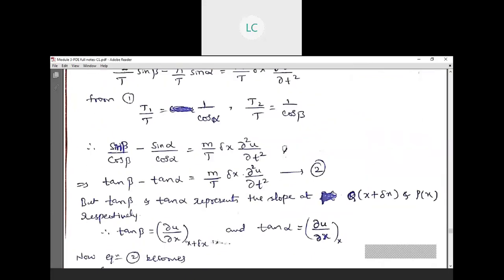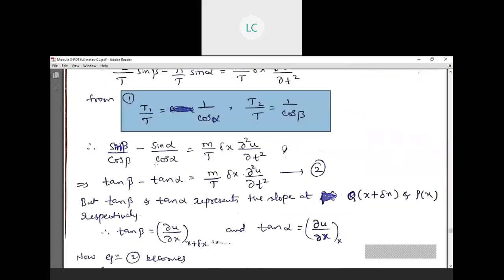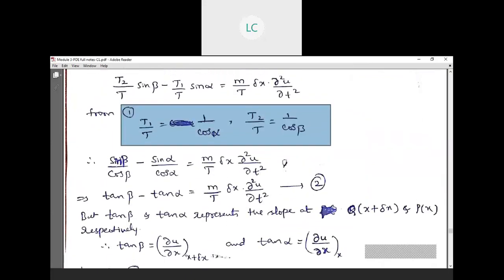I will write the same thing here, so that in place of T2 by T, we can write 1 by cos beta, right? So sin beta by cos beta minus sin alpha by cos alpha is equal to, write RHS as it is. Sin by cos is tan, right? Tan beta minus tan alpha is equal to RHS. Now call this equation 2.